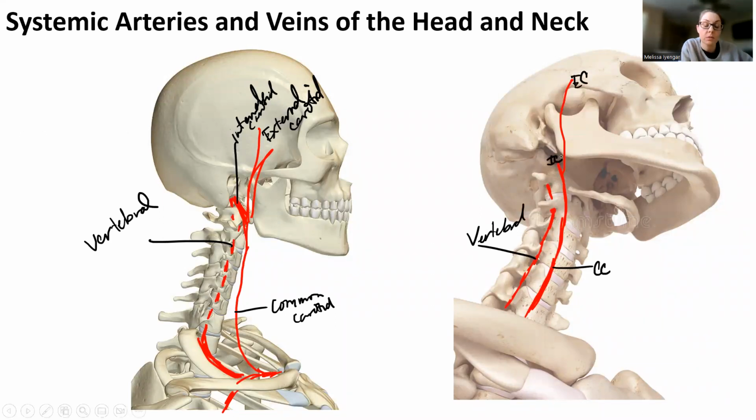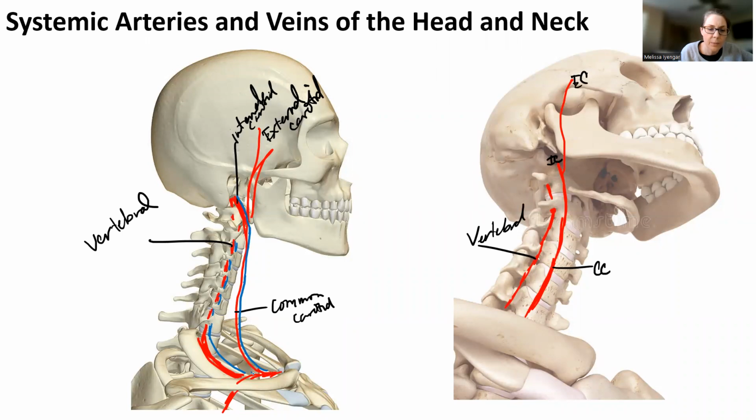Sorry, it's been a long day and I'm pretty tired at this point, okay? For the veins, you still have a vertebral vein that's going to run parallel here. It's just that the vertebral vein dumps into subclavian. Where you have common carotid, this is going to be internal jugular, so it actually comes up and goes like that.